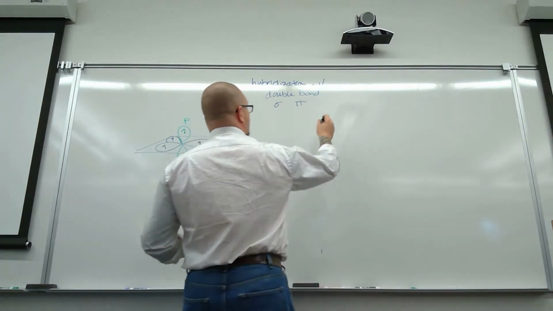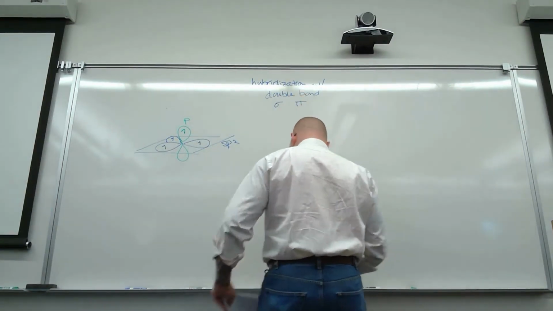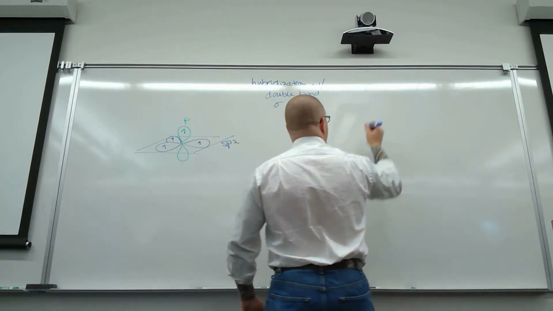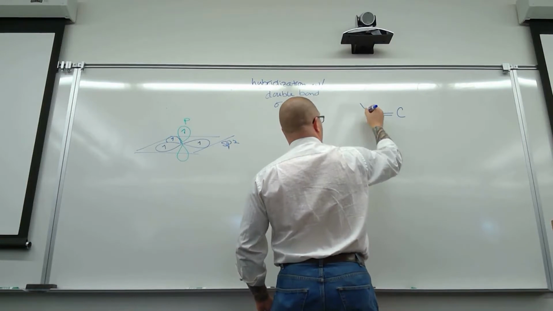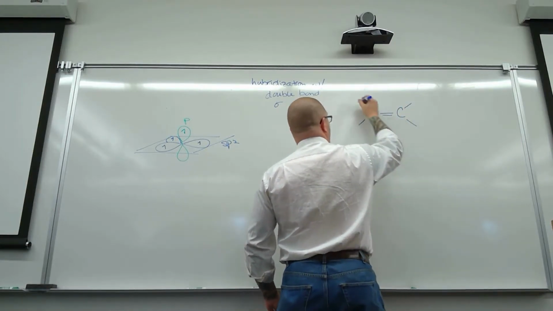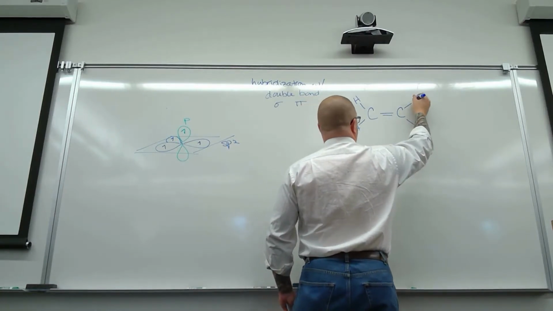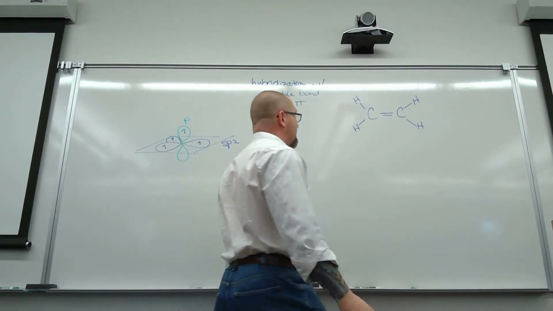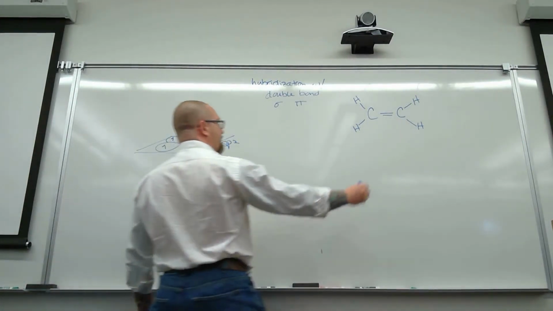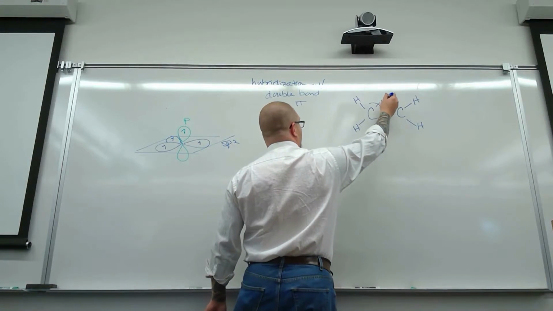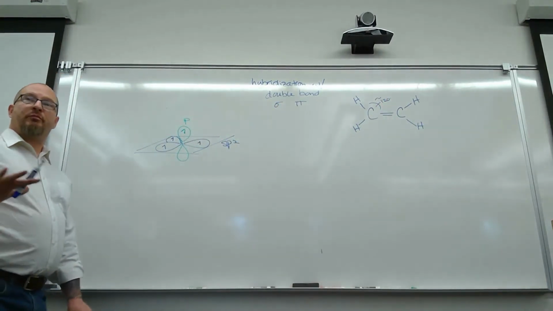Let's do ethene, excuse me. Notice, as drawn, approximately 120 degrees between all bonds, and planar.